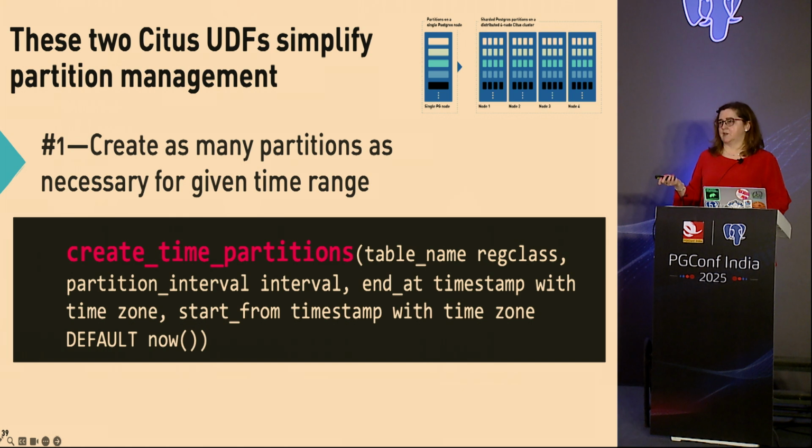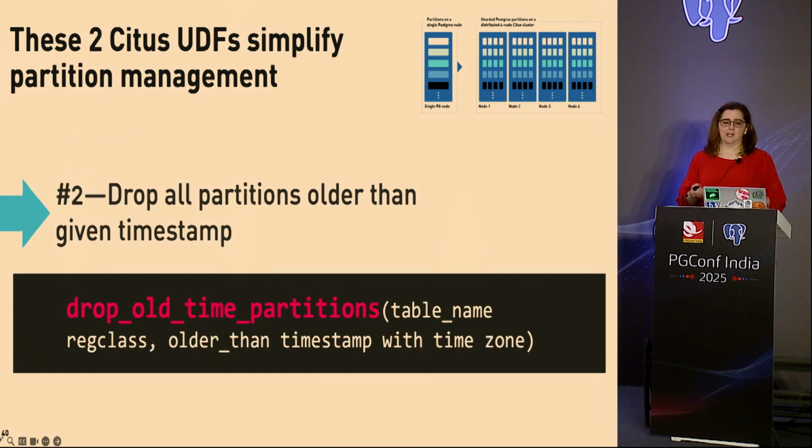The first one is create_time_partitions, which enables you to create as many partitions as you need for a given time range. The next one enables you to drop all partitions that are older than a particular point in time. So I just wanted you to know those exist.